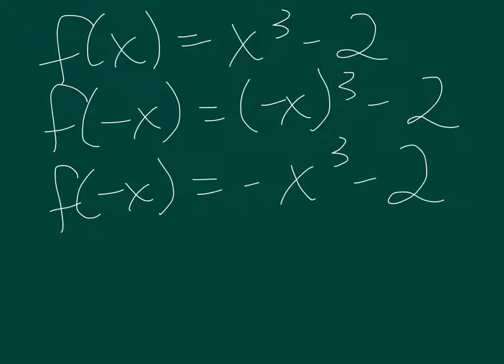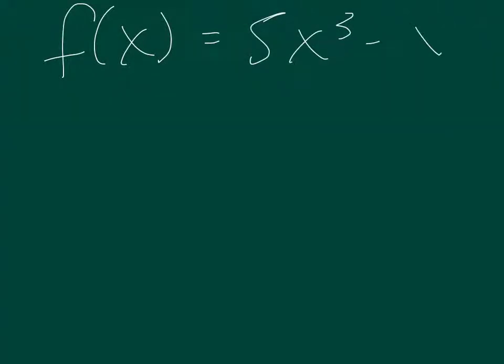Now, this and this, it is not the same, so we know that it can't be even. So we see if it's odd. In order for it to be odd, however, this portion would have to look a little something like this. Negative x cubed plus 2, because every single portion of this has to be the opposite of what it was before. So this means that it is neither odd nor even.